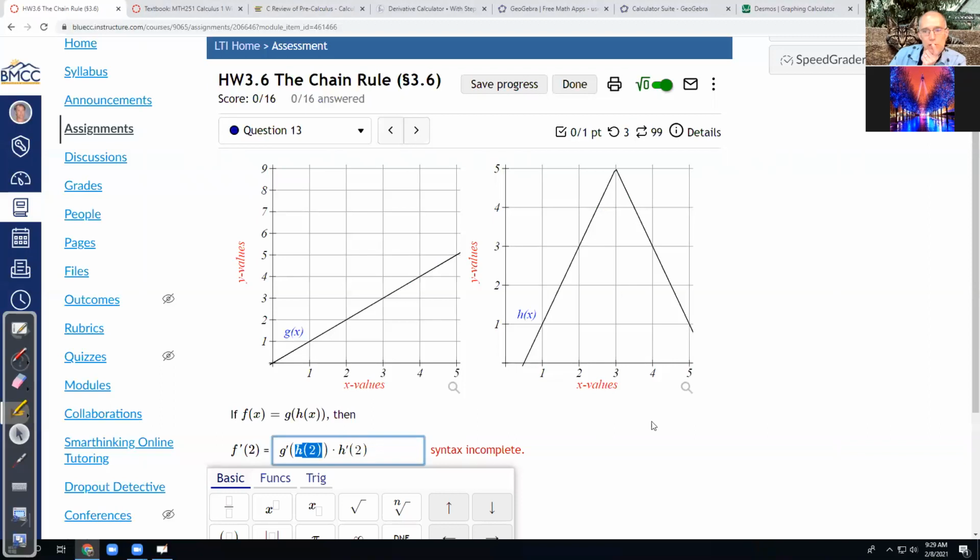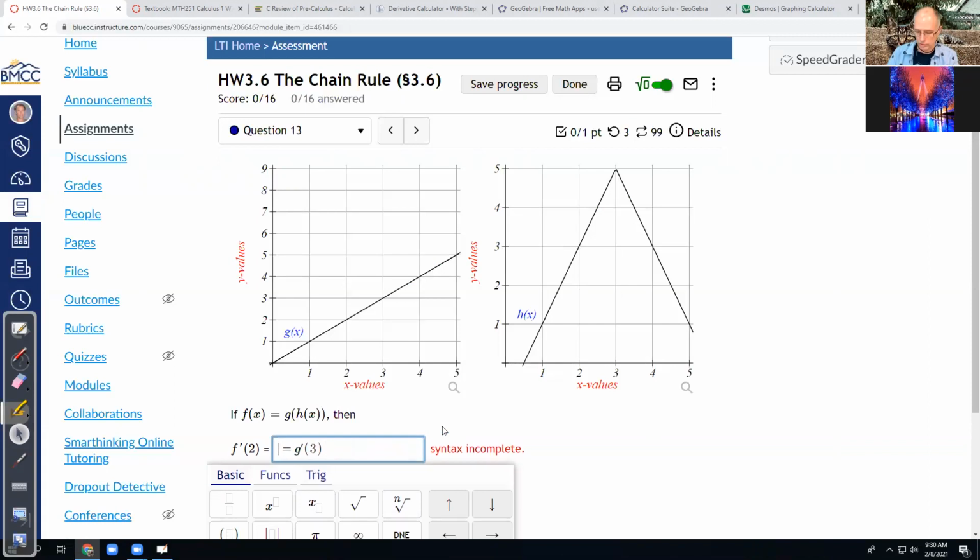Well, if I plug in 2 into h, I get 3. So this should be equal to g prime of 3, because h of 2 is 3, according to the graph above. So g prime of 3, and that needs to be multiplied by h prime of 2.